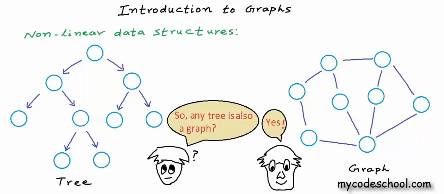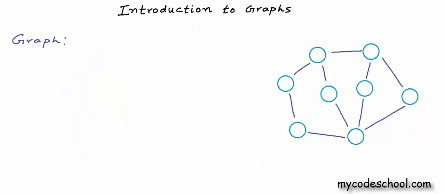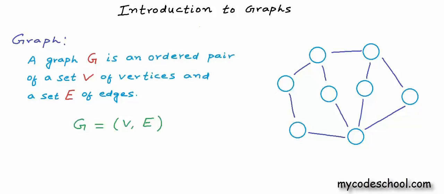In pure mathematical terms, we can define graph something like this. A graph G is an ordered pair of a set V of vertices and a set E of edges. Now I'm using some mathematical jargon here. An ordered pair is just a pair of mathematical objects in which the order of objects in the pair matters.